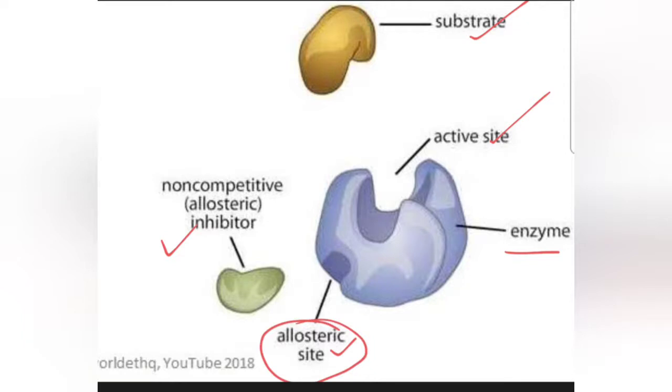The site or place of the enzyme where any effector molecule, that can be an inducer or, as in this picture, an inhibitor, comes and binds to the enzyme, that part of the enzyme is known as an allosteric site, and that enzyme is known as an allosteric enzyme.